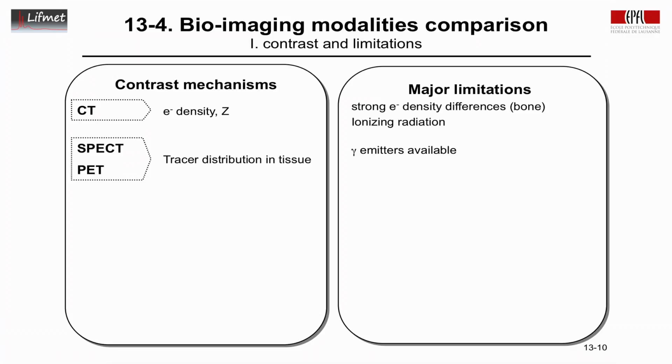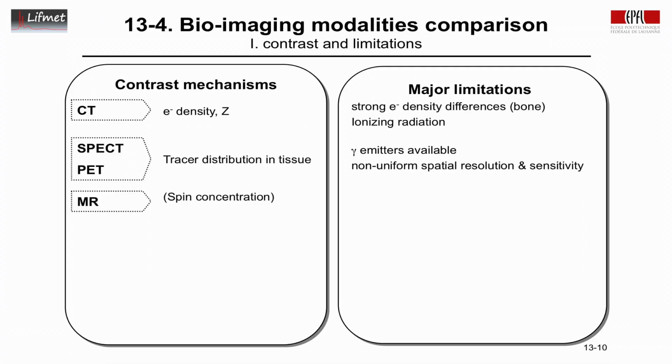These techniques are limited to the gamma emitters that are available, and in general they don't have uniform spatial resolution or sensitivity. We have seen the impact of collimation on the spatial resolution for SPECT. We have also seen the impact of the scintillation crystal dimensions on spatial resolution of PET, and that the sensitivity is not necessarily uniform either.